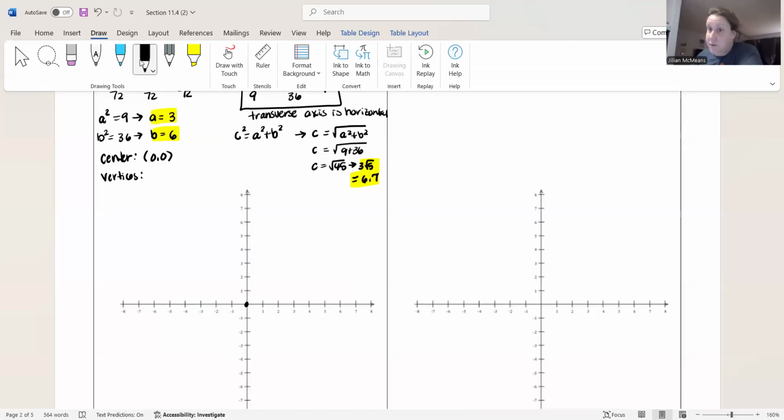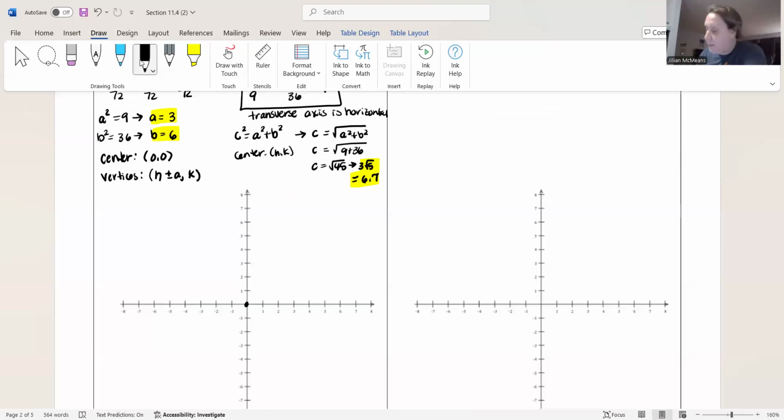So in this case, the vertices are going to be at h. Remember, h is the x-coordinate of your center, and we're going to go plus or minus a. And then the y-coordinate is just going to be k. Remembering that the center is always technically (h, k). So what are we subtracting from x? That is h. What are we subtracting from y?